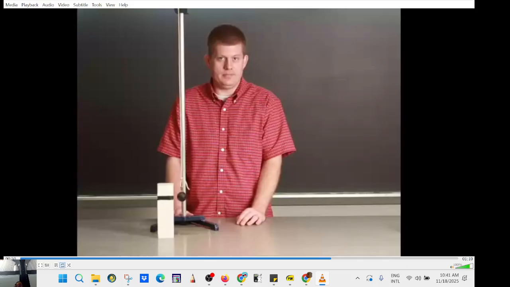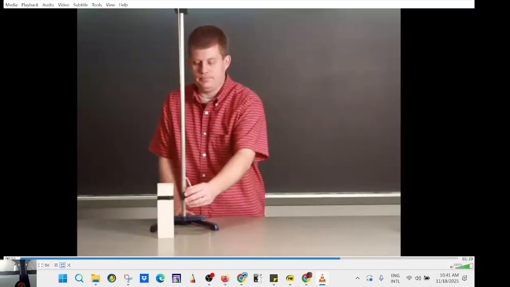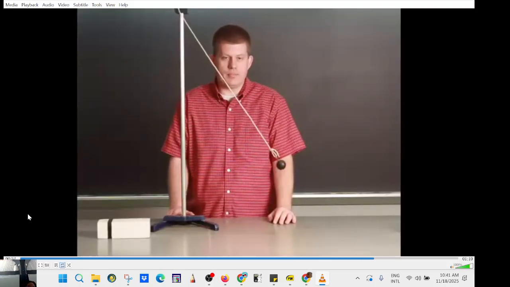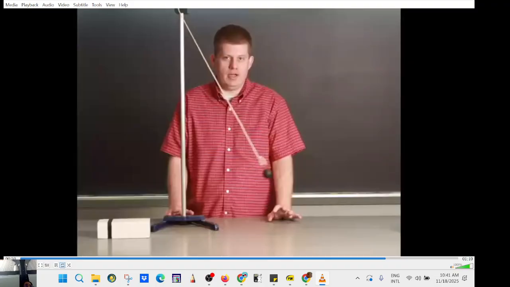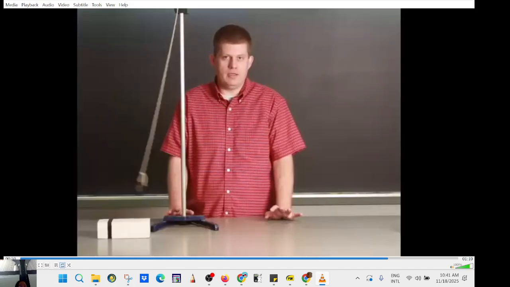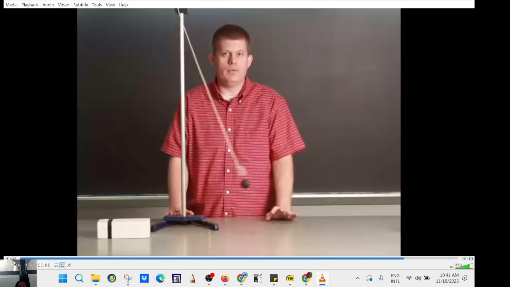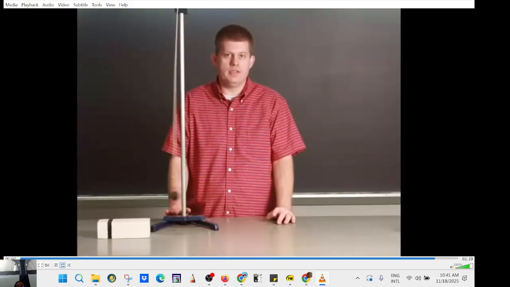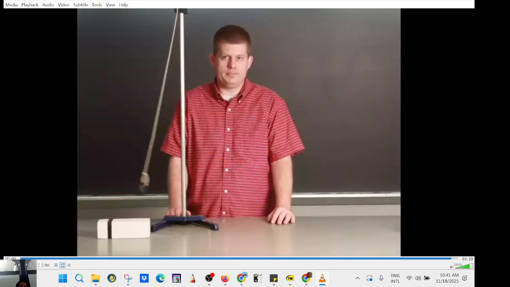Exactly, it's going to provide more kick. The change in momentum will be larger, the transfer is larger, so it's going to have a larger impulse.